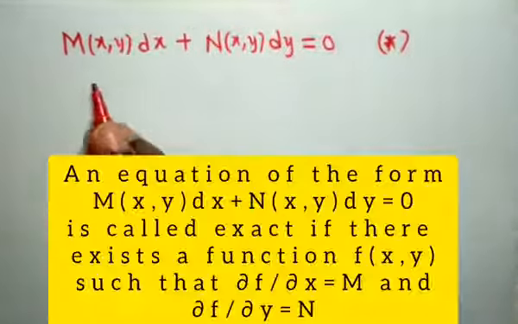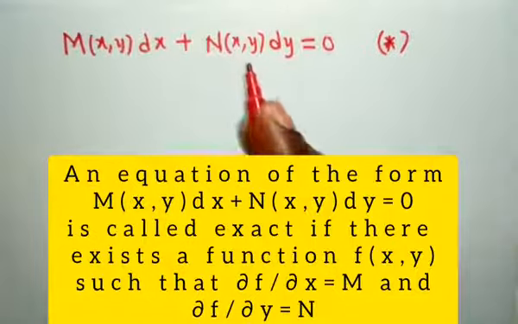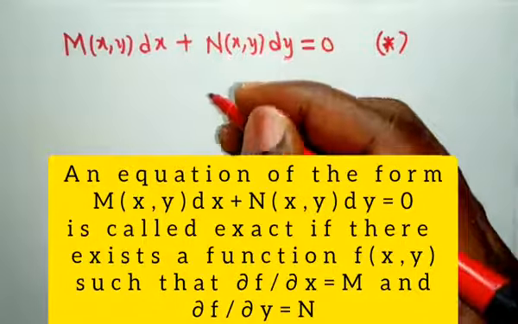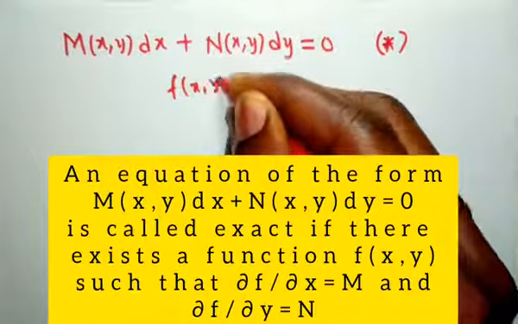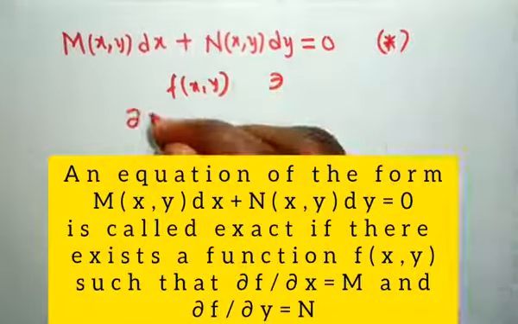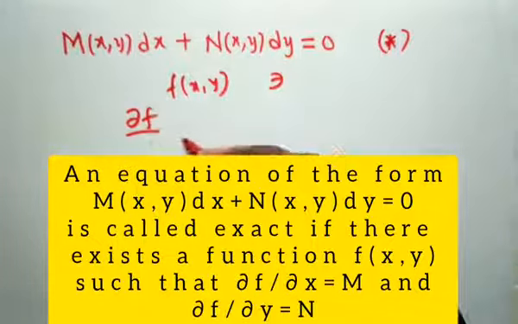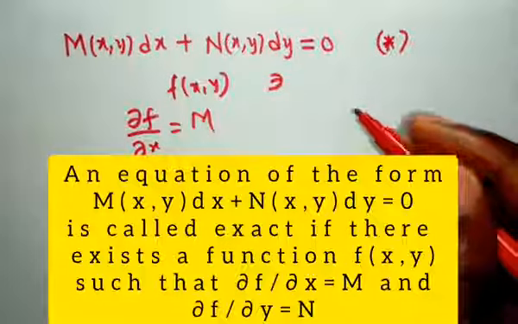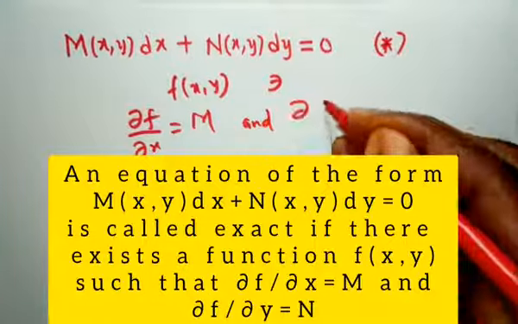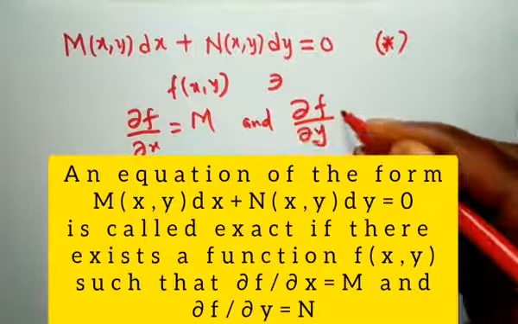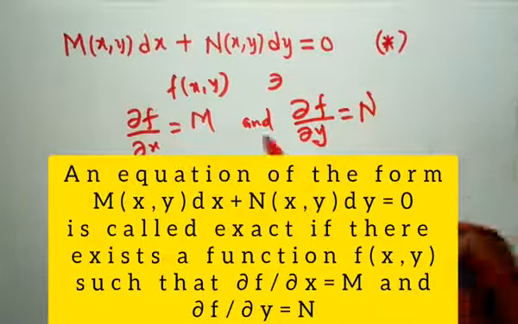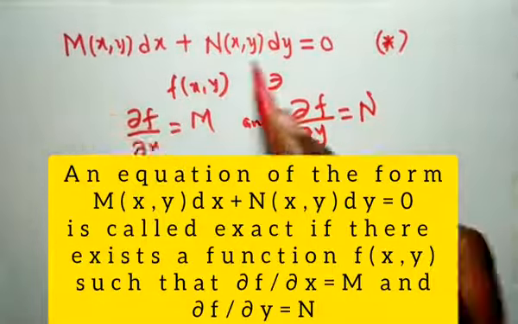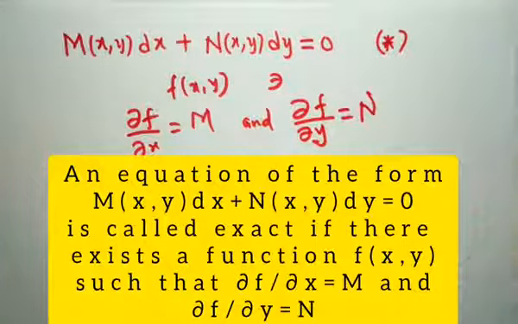Now an equation of the form M(x,y) dx plus N(x,y) dy equals 0 is said to be exact if there exists a function f(x,y) such that the partial derivative of f with respect to x is equal to M and the partial derivative of f with respect to y equals N. Now if you can find this function such that this happens, then we say equation star is exact.